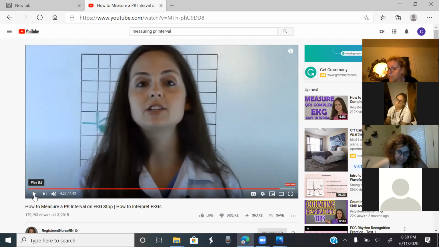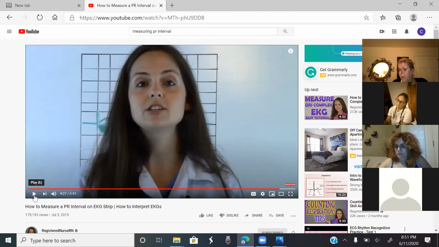But then look at the next one down. That R to R interval is not right, because you see that other complex right there in the middle, that wonky looking beat in the middle? Mhm. That throws off your R to R, so that's going to make it irregular. But actually, when we march out those, what that's telling you is there's an early beat there, like a PVC or PAC.